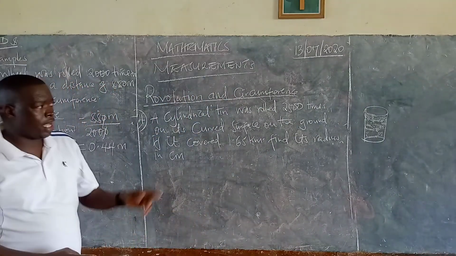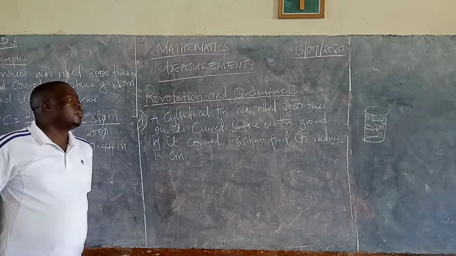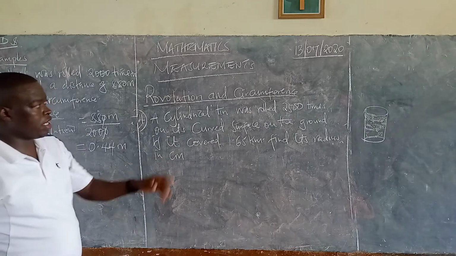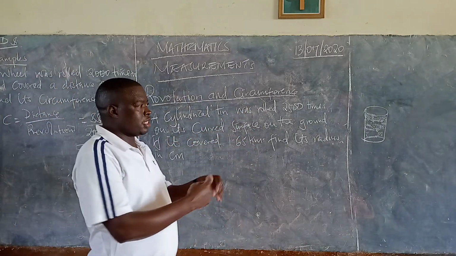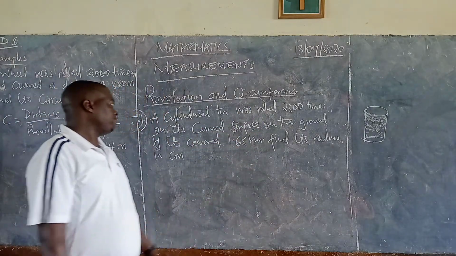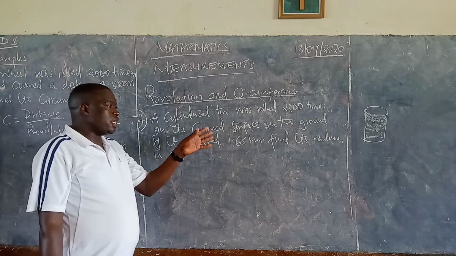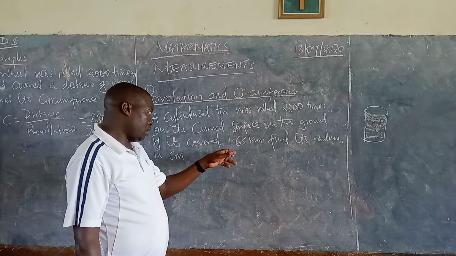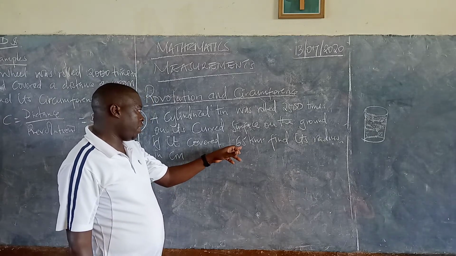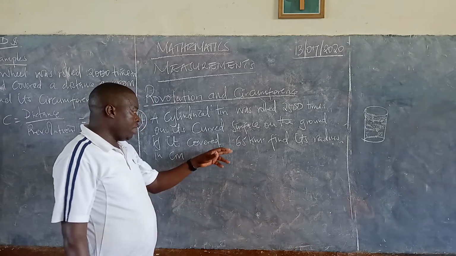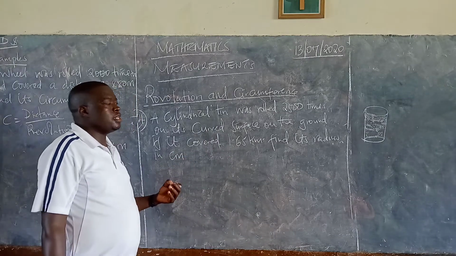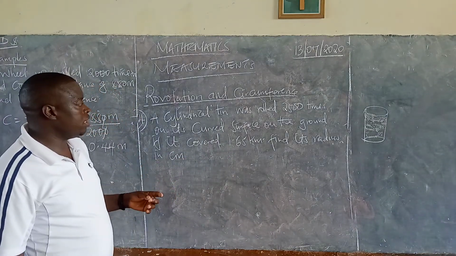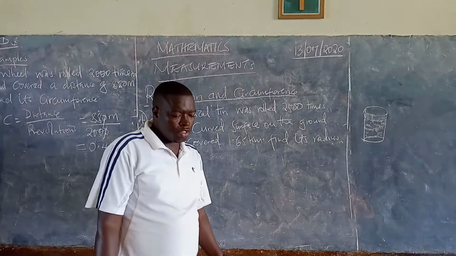Then we are going to roll that tin as it rolls down. So it makes 2,500 times. Then as it rolls this number of times, it is covering 1.65 kilometers. So they want us to find the radius. So how do we solve this?